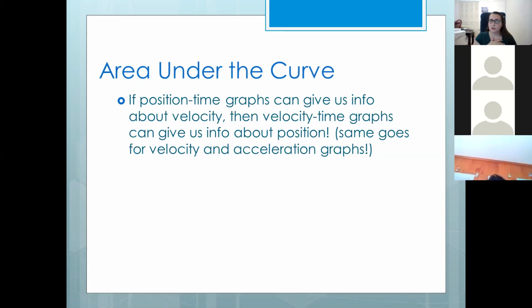We've mentioned those things. But what we also need to remember is that if position time graphs can give us information about velocity, then velocity time graphs should be able to give us information about position. Same thing for velocity and acceleration. And the relationship goes both ways, right? Any good relationship is a two-way relationship.